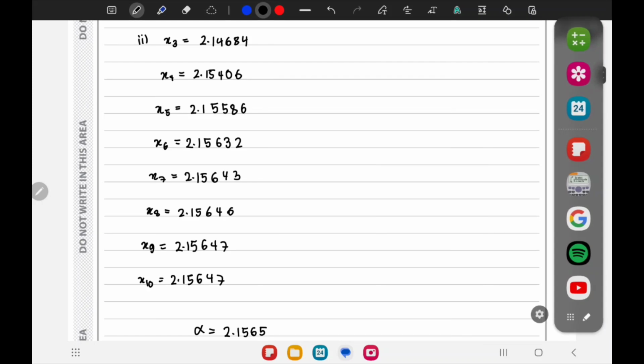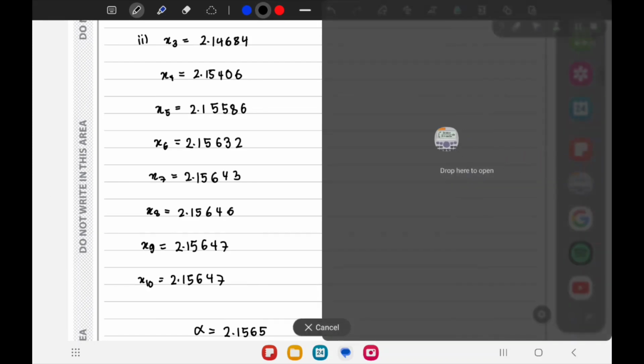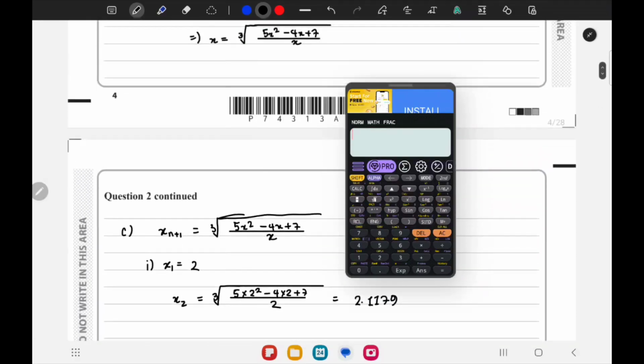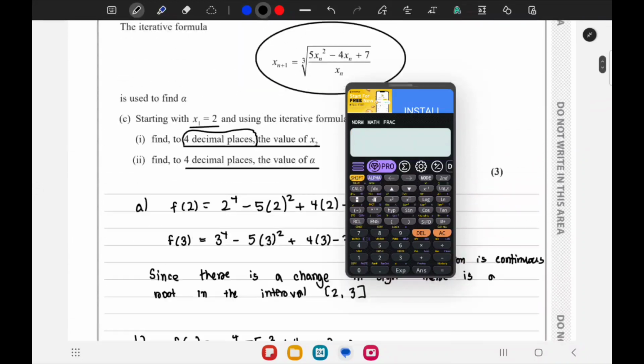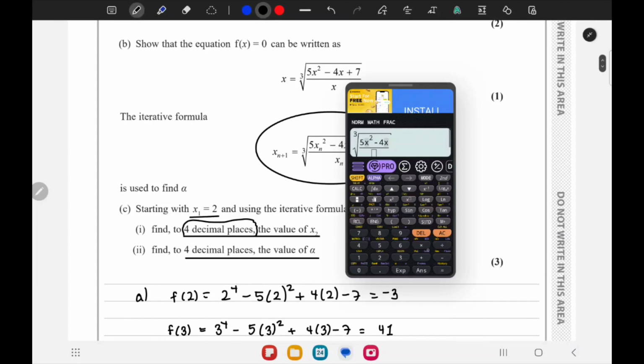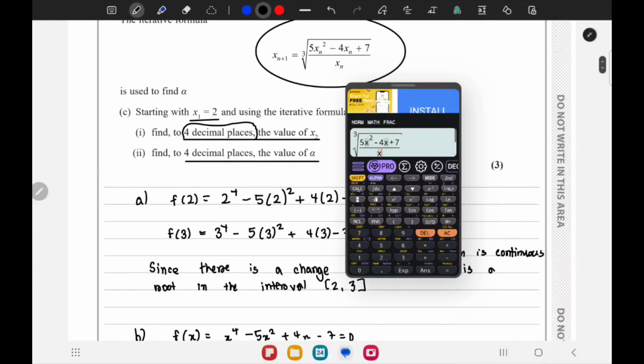Another calculator tip would be to write the equation down in the calculator and then solve it. So the equation was cube root, and then we had 5x squared minus 4x plus 7 divided by x. Then we press calc.